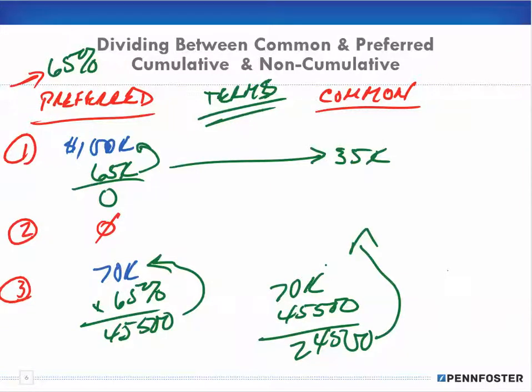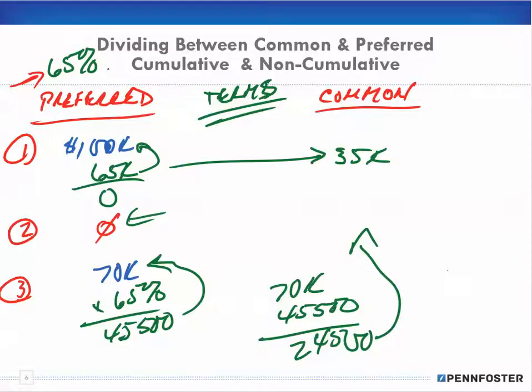Okay, so you see, cumulative works better when we're talking about dollar amounts, but when it comes to a percentage, cumulative doesn't matter. Sure, preferred shareholders get the first share, but as you see, 65% of nothing is still nothing. It doesn't matter whether it's cumulative or non-cumulative, right?